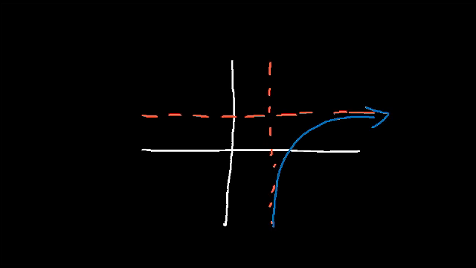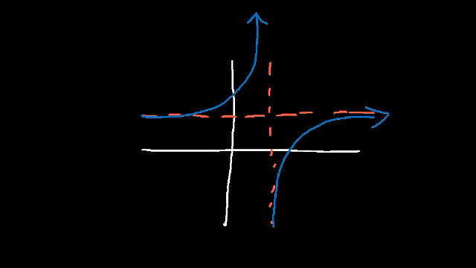Now, if we had a typical log, let's say this is the vertical asymptote at x equals 2, and let's say the function went this way instead. For the exponential function, which is the inverse of a log function, it's going to go like this.